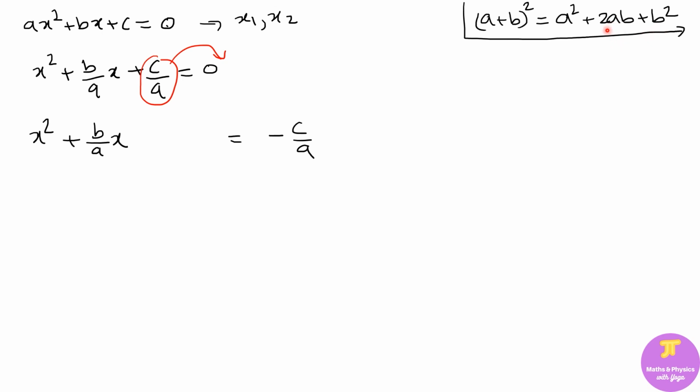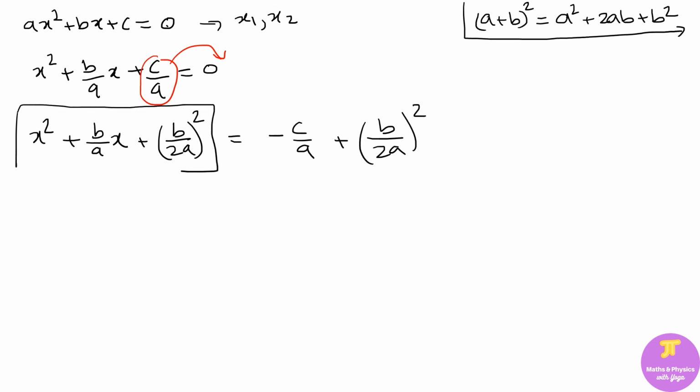When we move the c over a from the left side to the other side, it becomes a negative sign. You know, this part is 2 times a and b, right? So what we need to do here is add something here, (b over 2a) squared. If we add something to the left side, we need to add the same thing to the right side. If you look at this formula, this box is pretty much similar to this one, right?